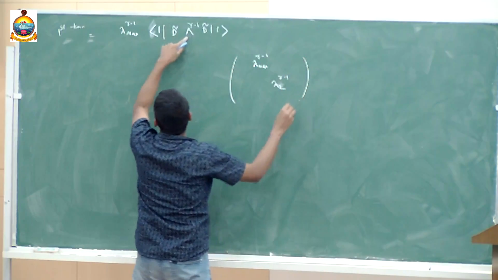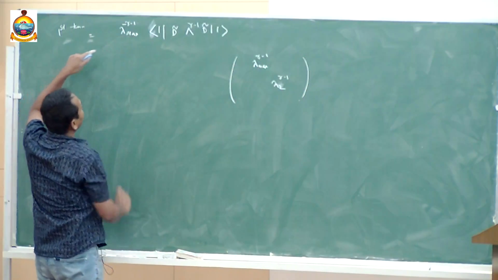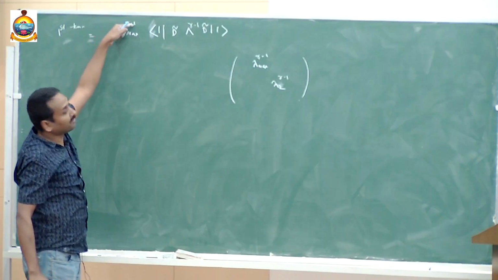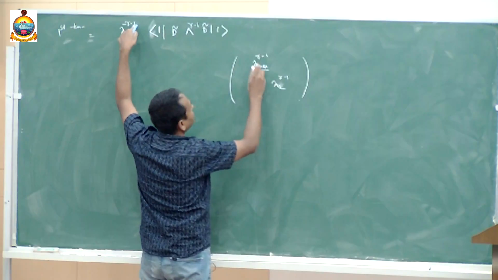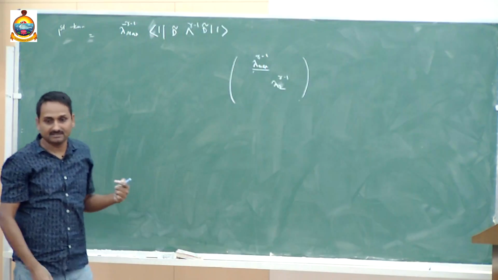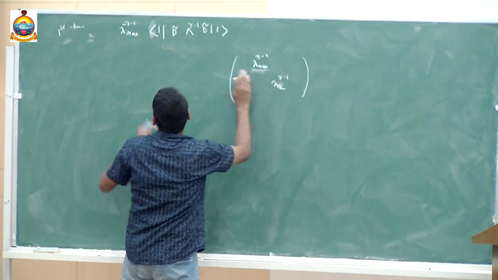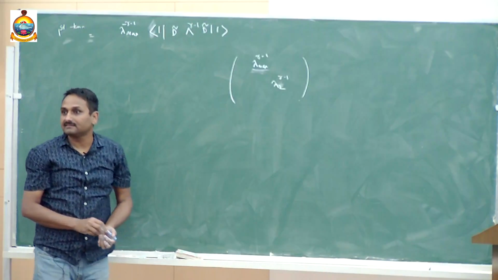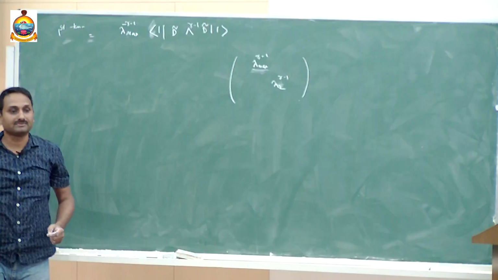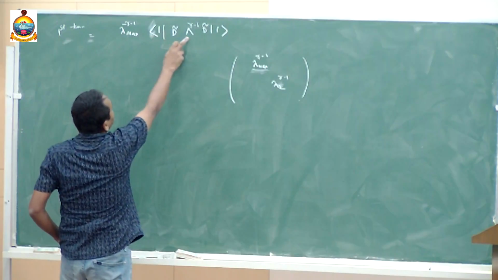This divided by lambda max to the power R minus 1 is just 1. So this is the matrix and I am taking this part inside. Is it okay with you?